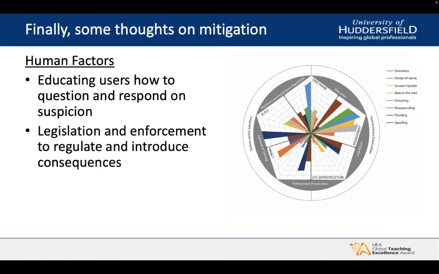And then another one to consider is legislation and enforcement. There's going to be a need to regulate and to introduce consequences around this area, and to make sure that adversaries, if they do something of significant consequence and they can be traced and identified, are prosecuted.